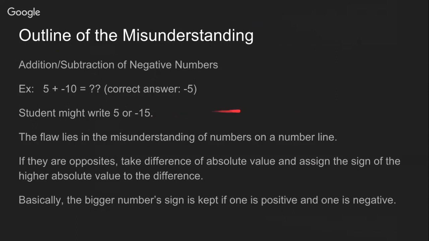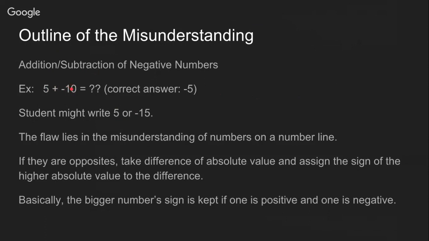If we think about a number line, the negatives go to the left and the positives go to the right. If they're in opposite directions on the number line, you're not increasing in value. So -15 is not a viable option, since 5 and -10 are opposites.